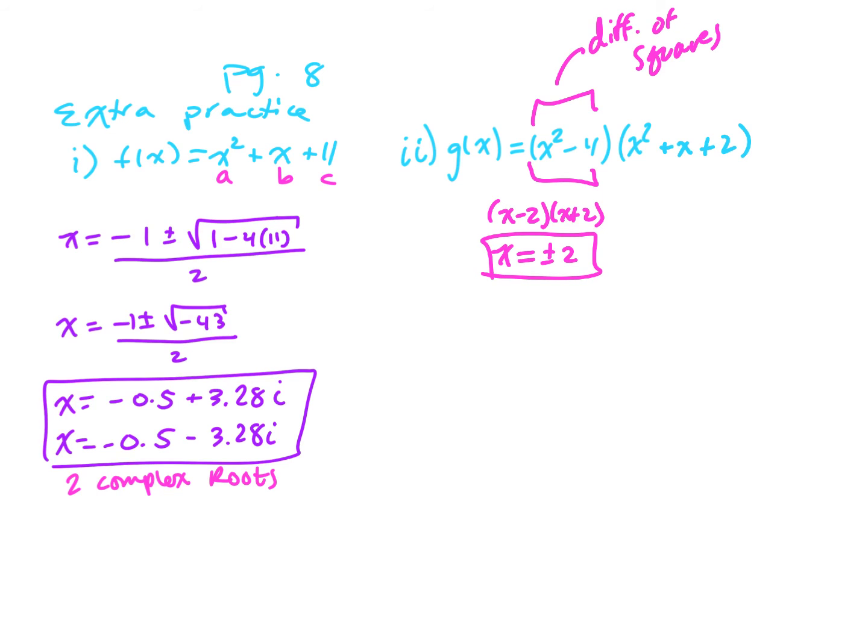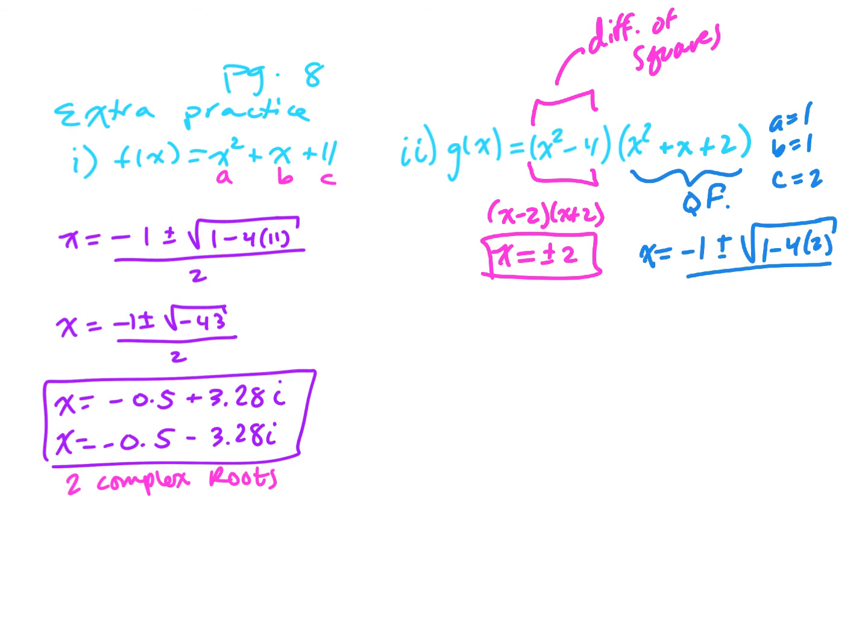Here, I'm going to do quadratic formula, because I can't factor that. So a equals 1, b equals 1, c equals 2. So x equals the opposite of 1, plus or minus the square root of 1 squared is 1, minus 4ac, which is 4 times 2, because a is 1, all over 2a, which is 2, because 2 times 1 is 2.